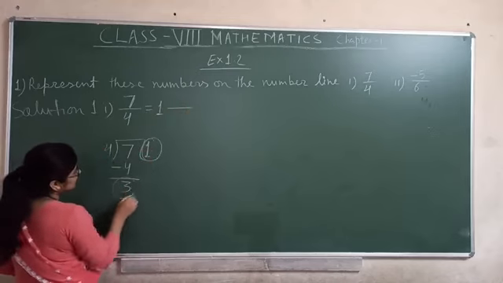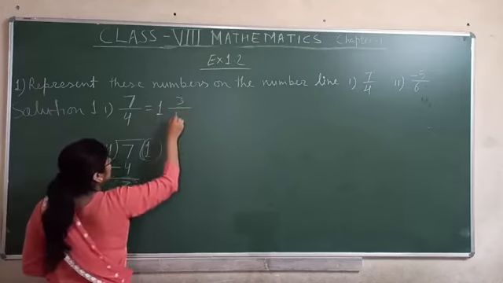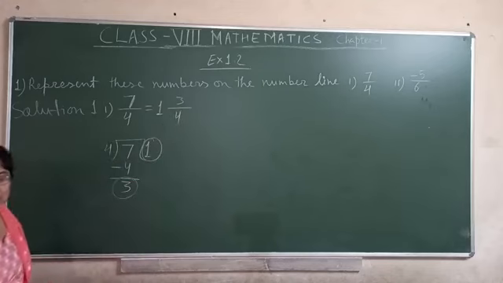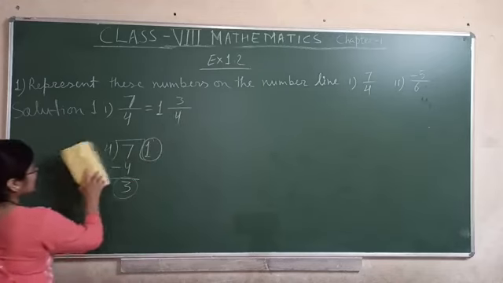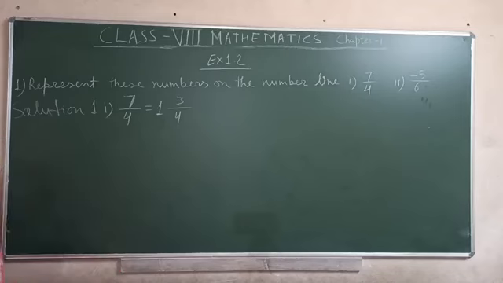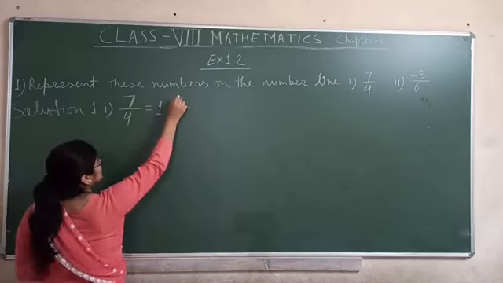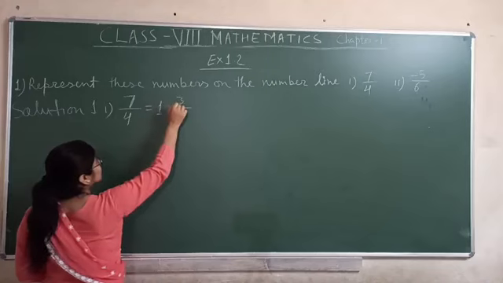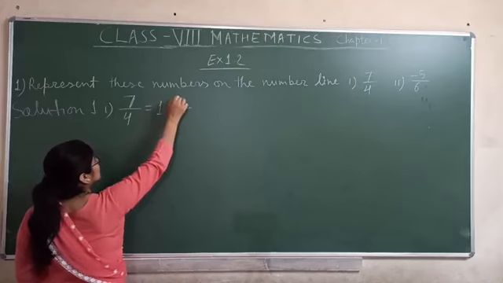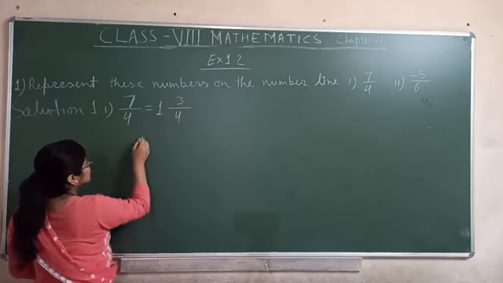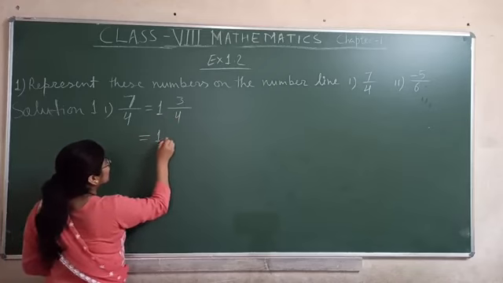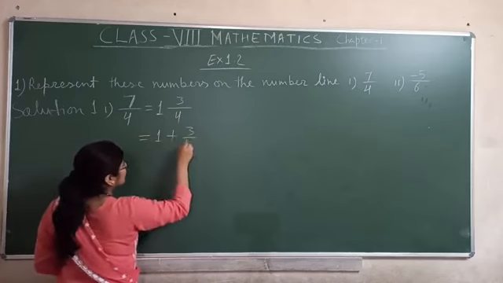Then remainder 3 by 4. So we can write 7 by 4 equals to 1 whole 3 by 4. 4 1 is 4 plus 3 is 7, 7 by 4, or you can write same thing 1 plus 3 by 4.